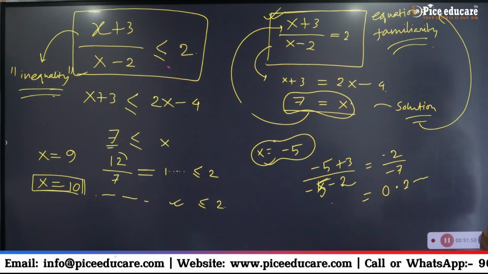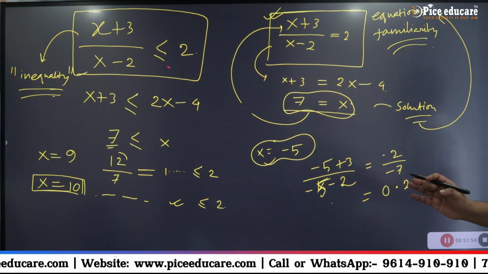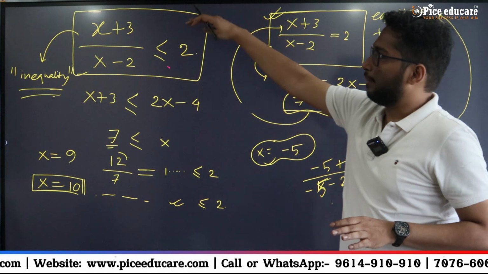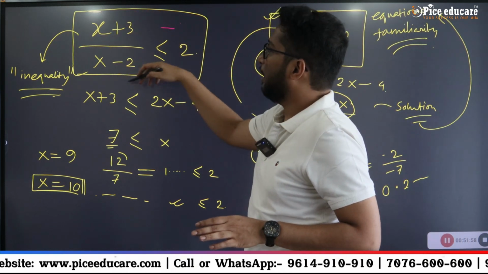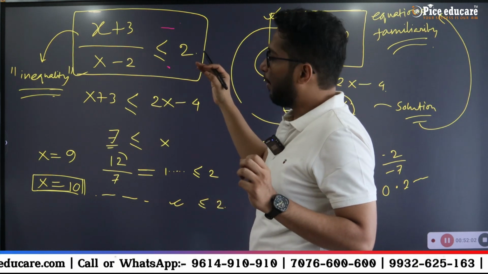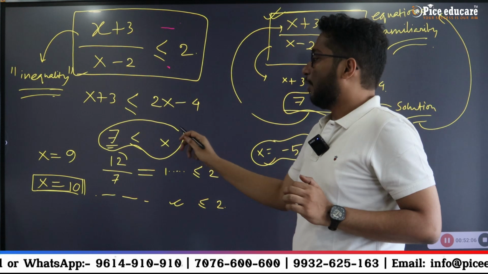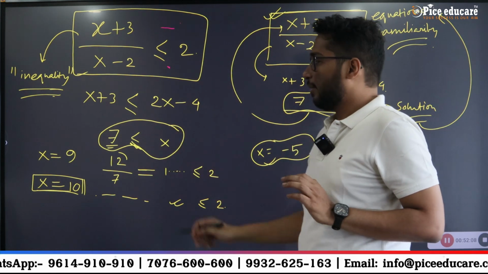So if this quantity has to be less than or equal to 2, for that x has to be bigger than or equal to 7.